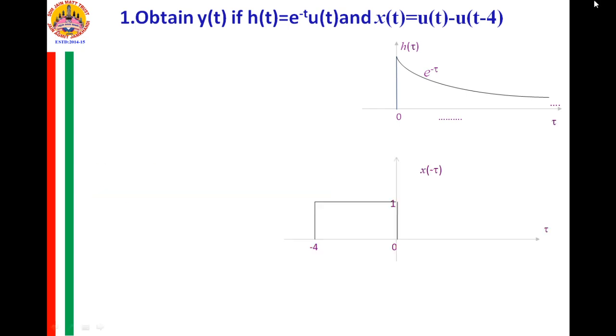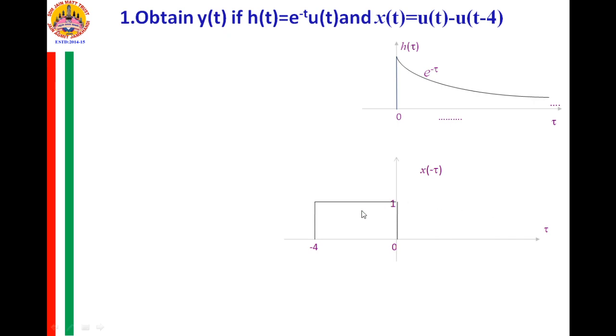So, see here, we have reflected x of tau about the origin and sketched it, and h of tau also. For t less than 0, we will be shifting this x of minus tau to the left side, and for t greater than 0, we will be shifting this x of minus tau to the right side.